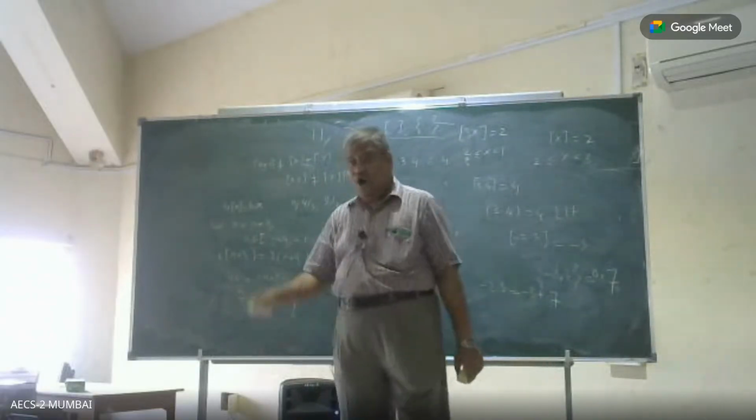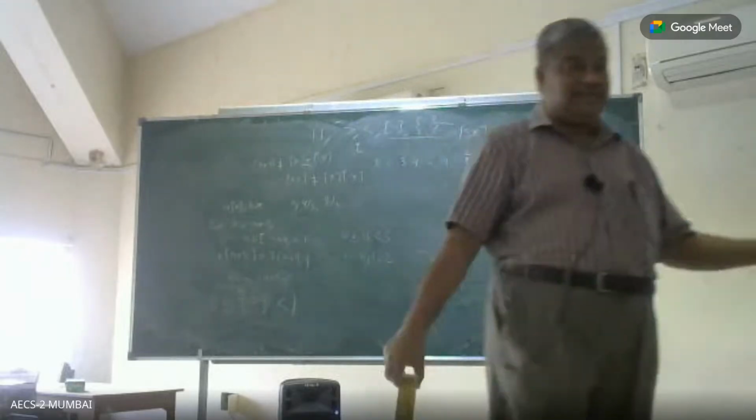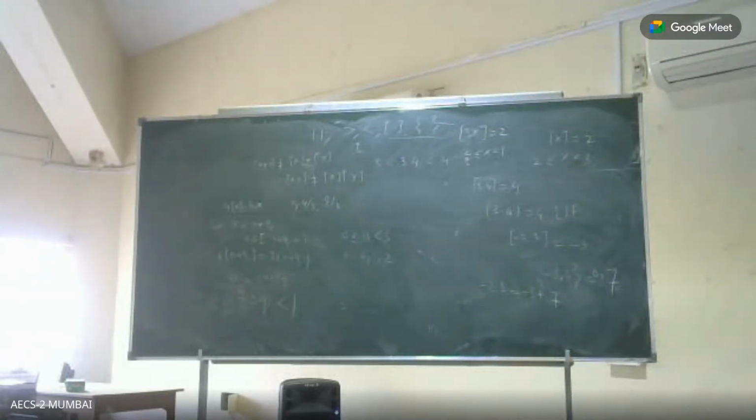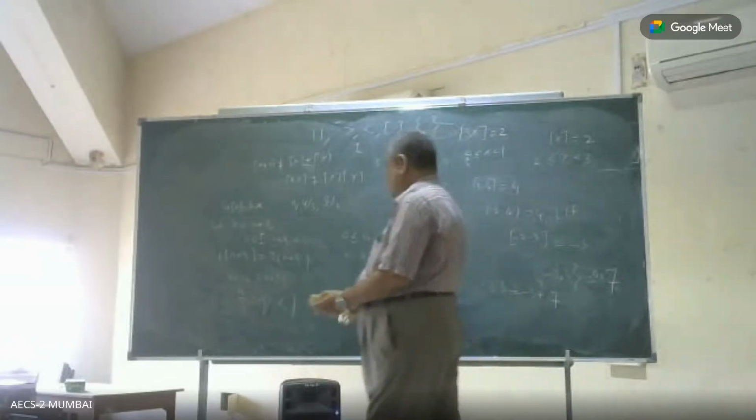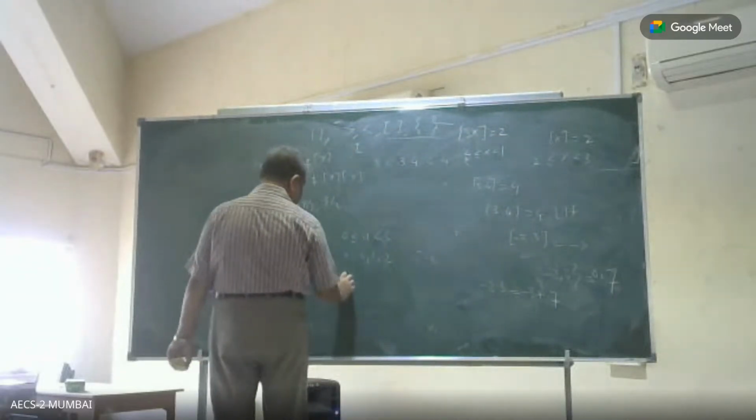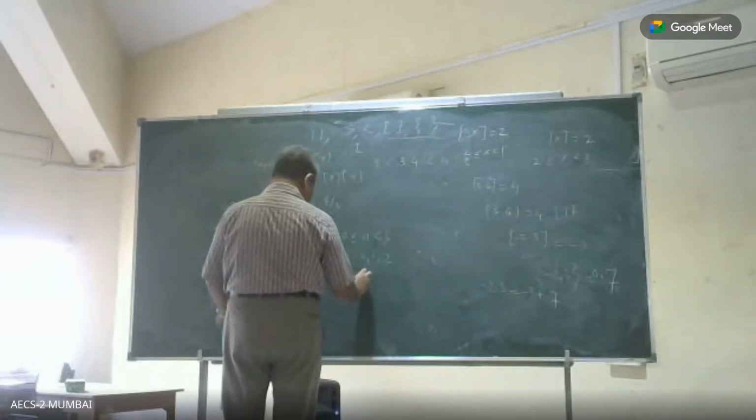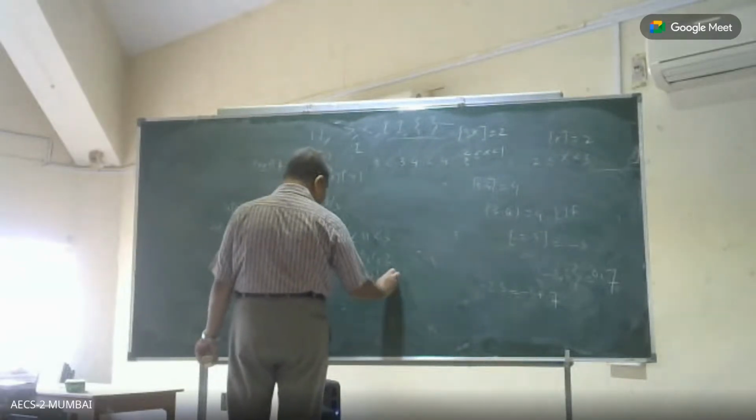In fact, how many solutions are there? This is a more interesting question. What are the solutions? That is okay. But many times you are asked, how many solutions will there be? So how many solutions? 3. And what are they? Say n is this, then q will be what? n by 3, no? So 0, 1 by 3 and 2 by 3.